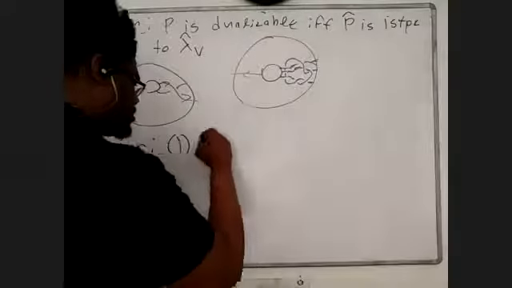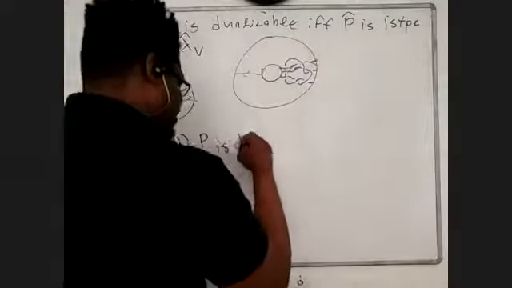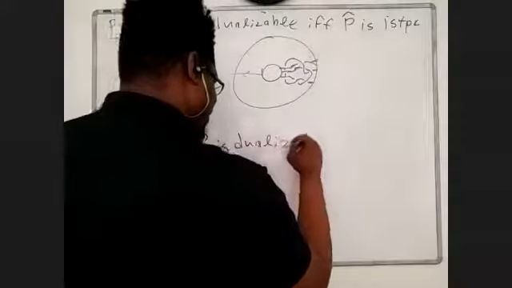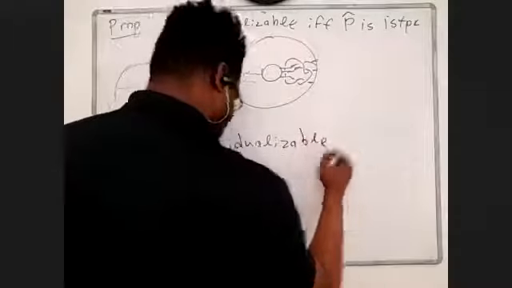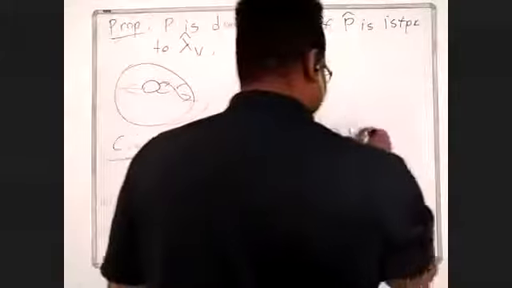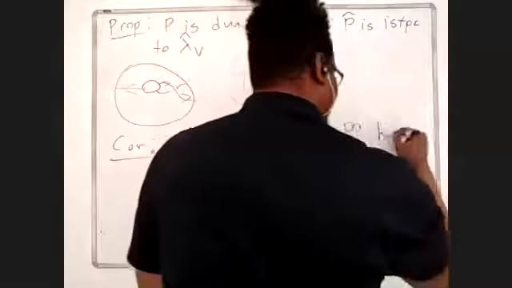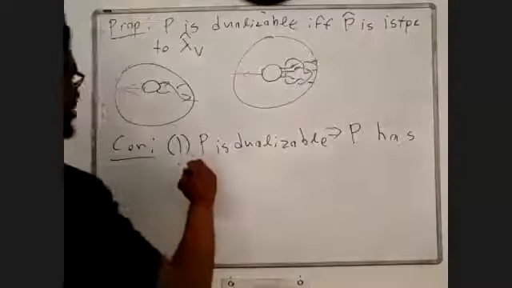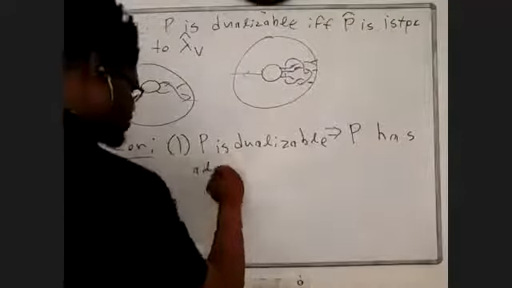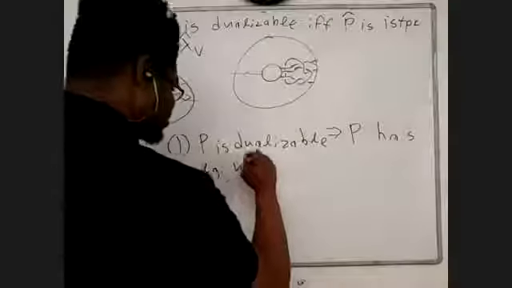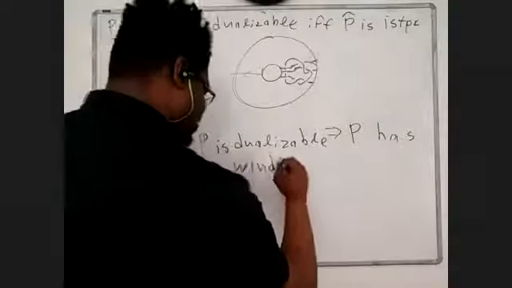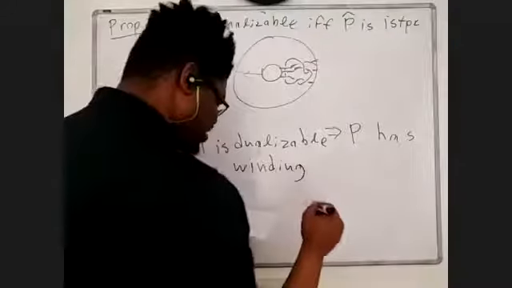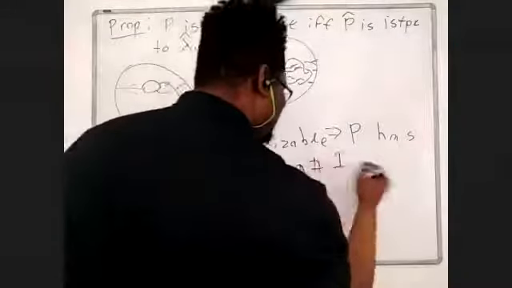The first says that if P is dualizable, then this pattern has algebraic intersection number 1. Not intersection number, winding number 1. Which is kind of intersection number anyway.